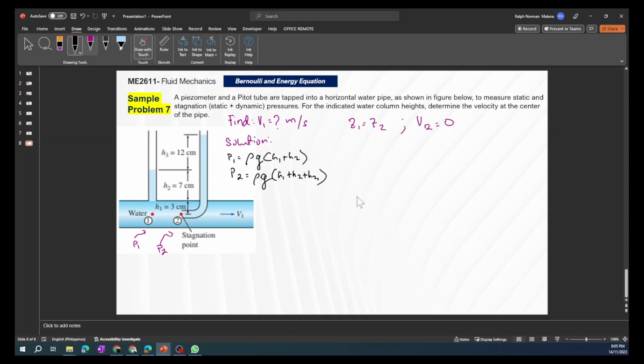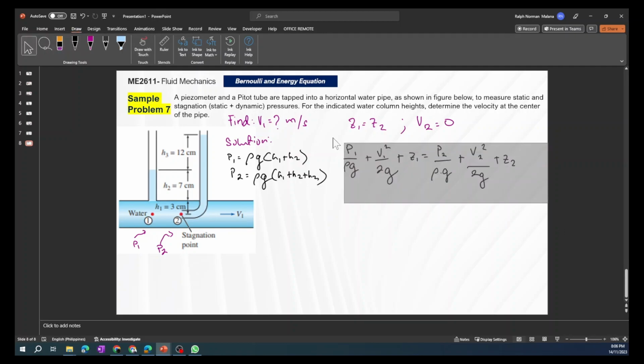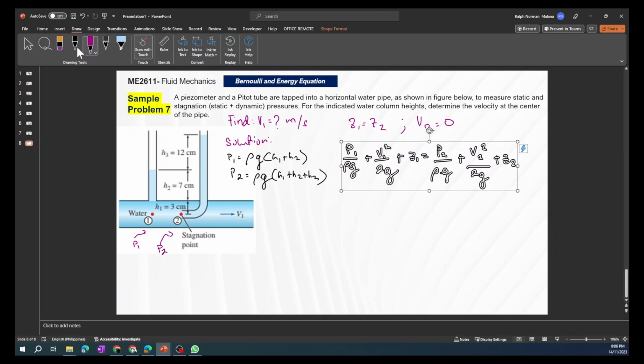So we can now apply our Bernoulli equation here, which we write in head form. Then we just cancel the terms, so this one is going to be 0.